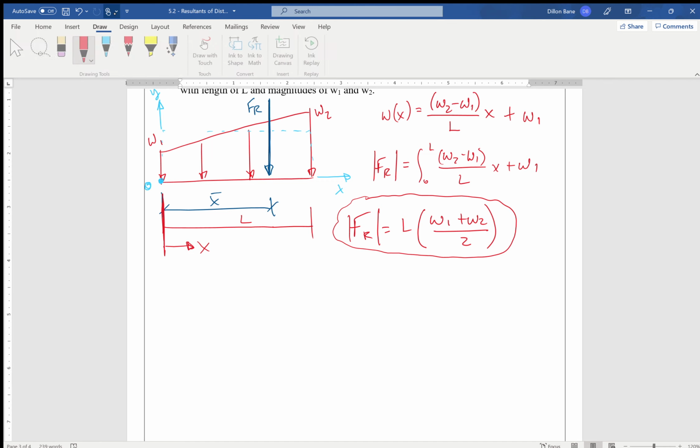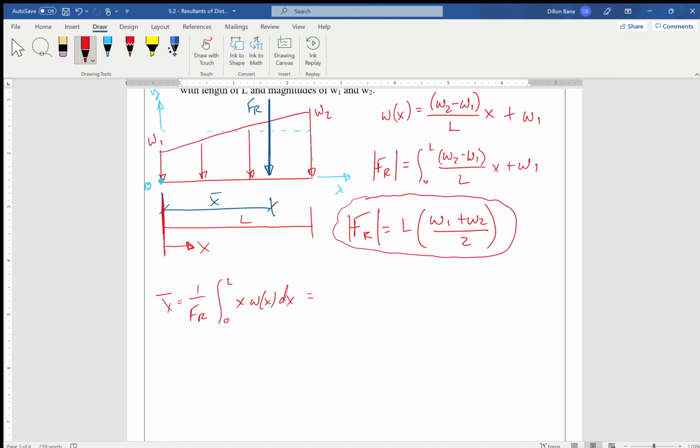But now what we need to do is figure out the location of x bar with respect to this point O. And all we've got to do for that, again, is integrate. It is 1 over FR times the integral from 0 to L of x times w of x dx.